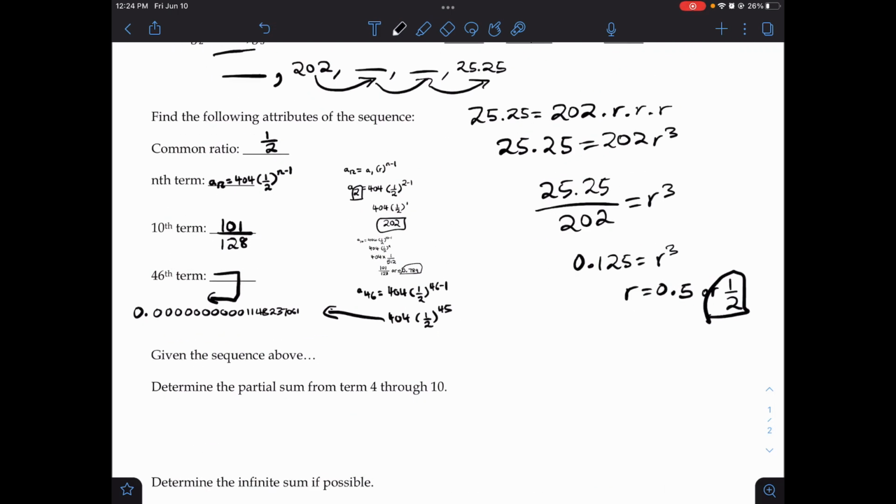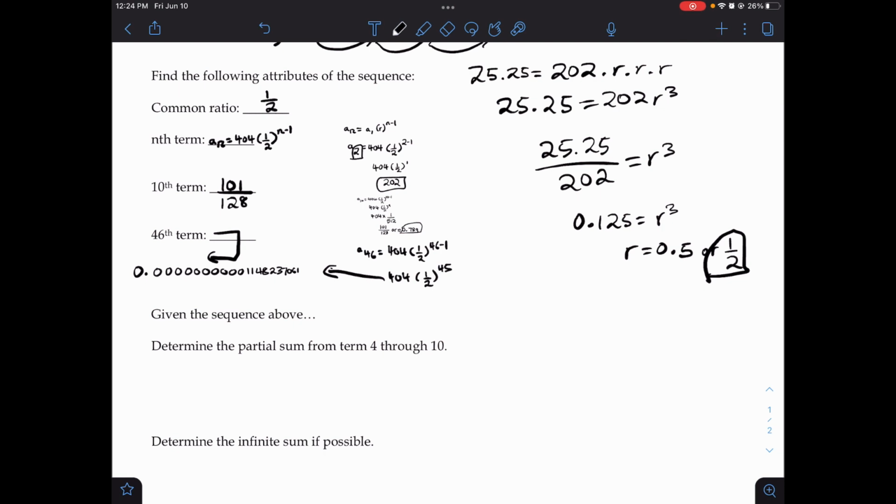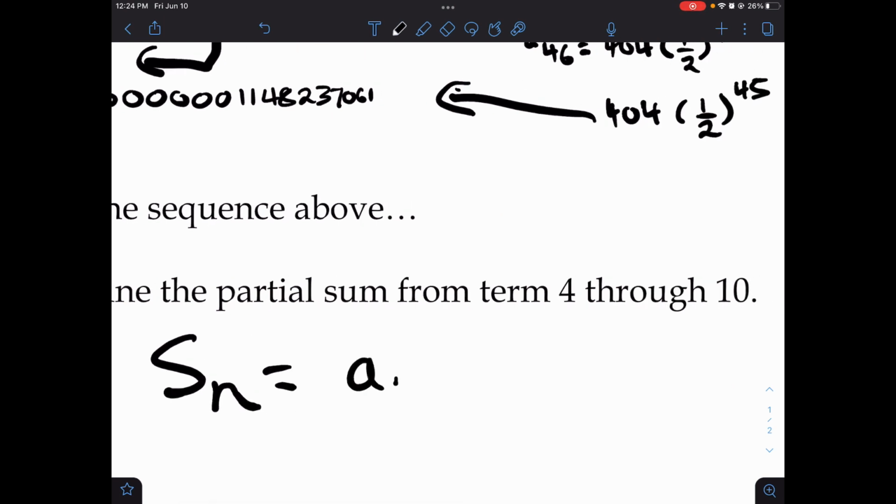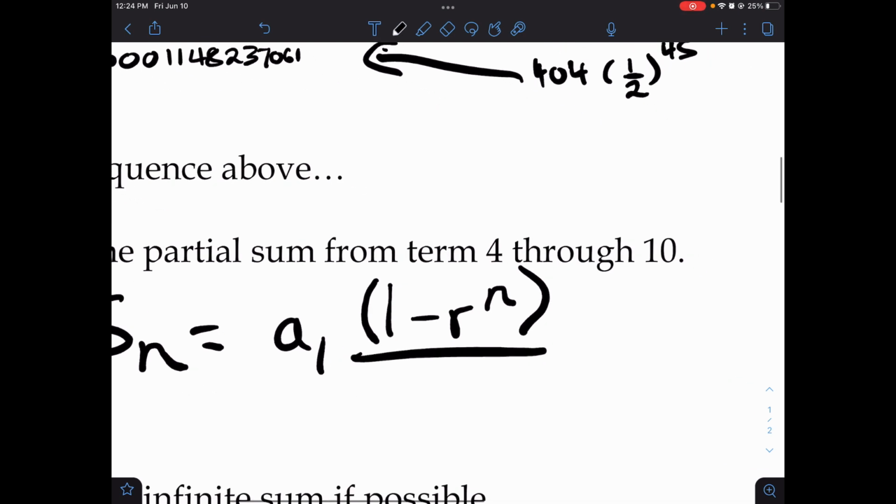Okay, so next question says determine the partial sum from term 4 through 10. To determine the partial sum, we use the formula S sub n is equal to a sub 1 times 1 minus r to the power of n over 1 minus r.